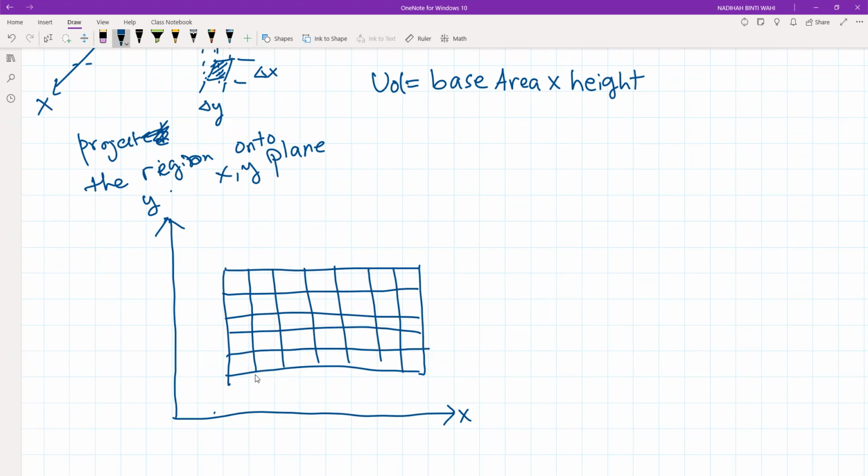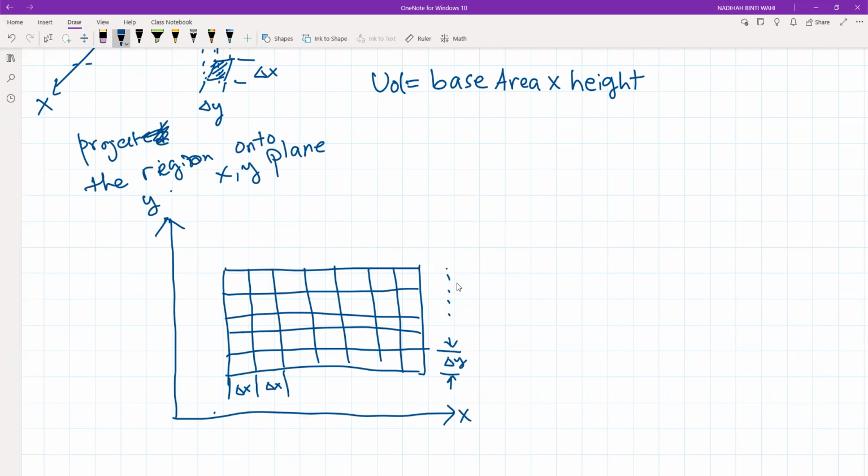Let's say this one is delta X. So delta X throughout this row is constant. Keep it constant, don't make it a variable, it's harder. The same with the width in this direction, delta Y. It is constant all the way up.